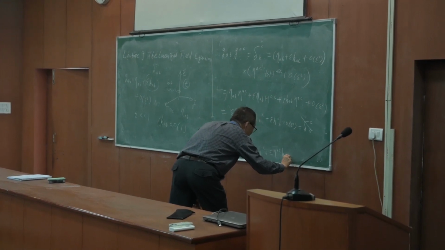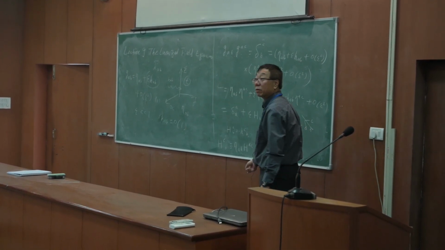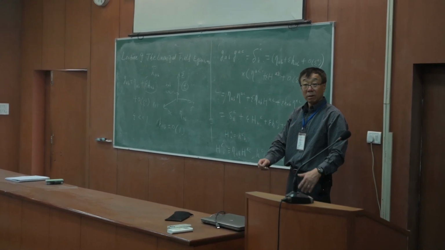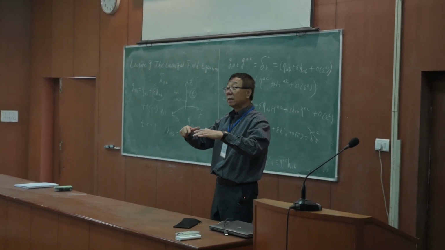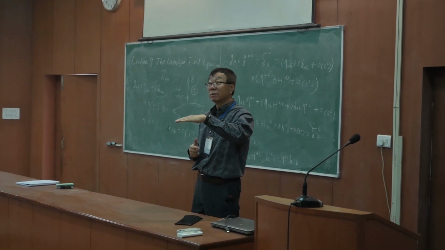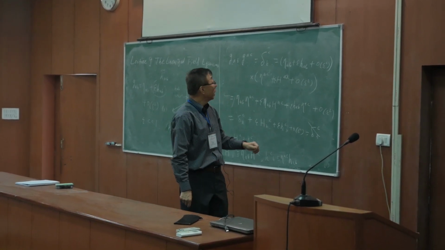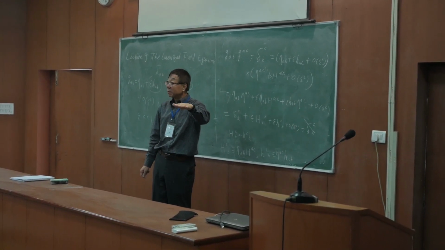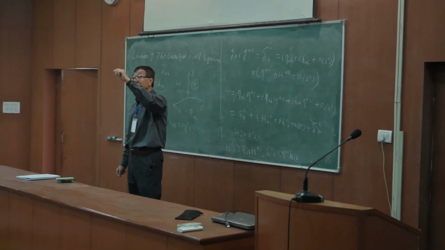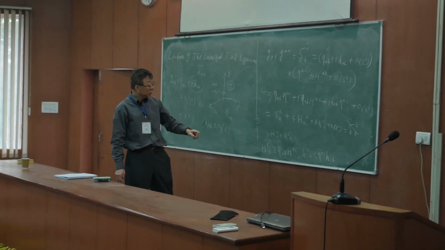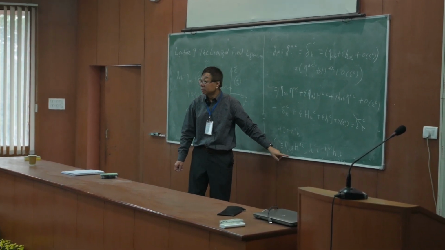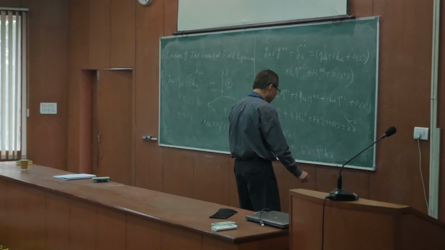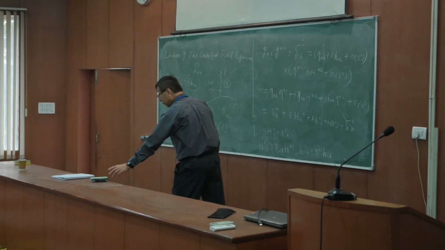So I'm writing, raising index, using my eta_AB. Why? Like I said, now I'm considering my matrix because H_AB is simply a field moving in the Minkowski background. So when I raise or lower an index, I use eta_AB, correct?